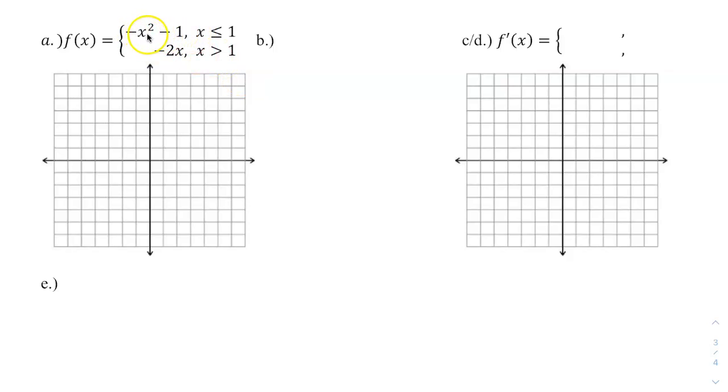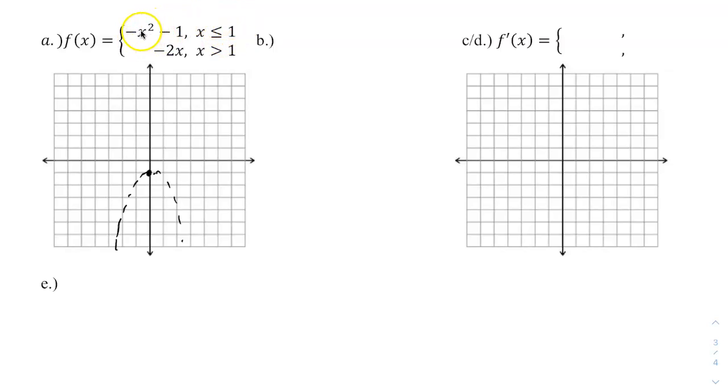Let's graph negative x squared minus 1. So minus 1, it's a negative x squared, so up and down. Now I'm doing a kind of a sketch, but if I want to do it a little nicer, since this is kind of the way it looks, right? It's going to go both ways. But I want to make sure I know what that point is at 1. So I'm going to sub 1 into the equation. So negative 1 squared.